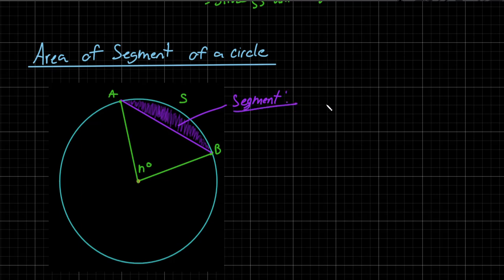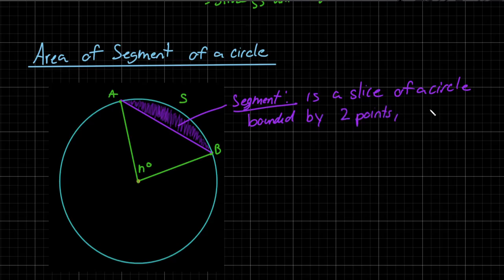So a segment is a slice of a circle bounded by 2 points, in this case A and B, and an arc, which in this case is arc AB.